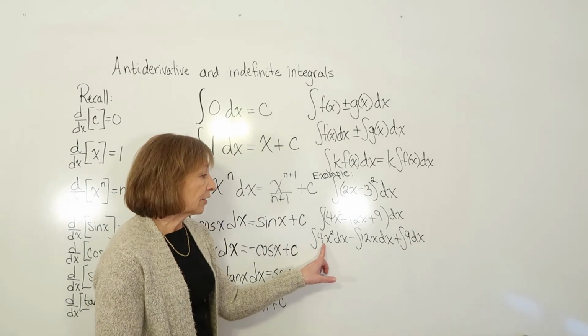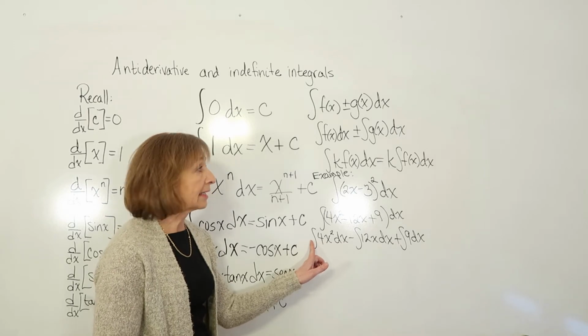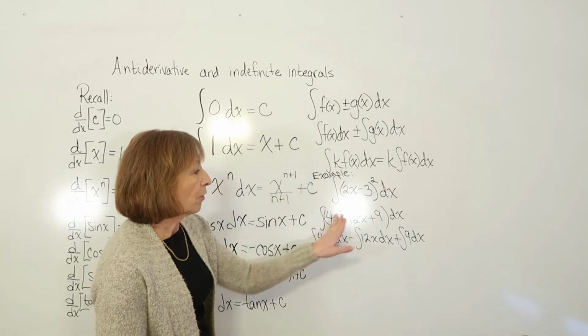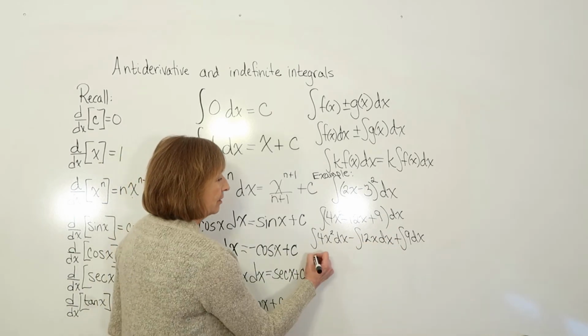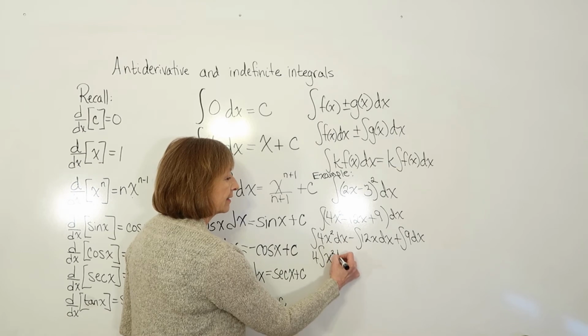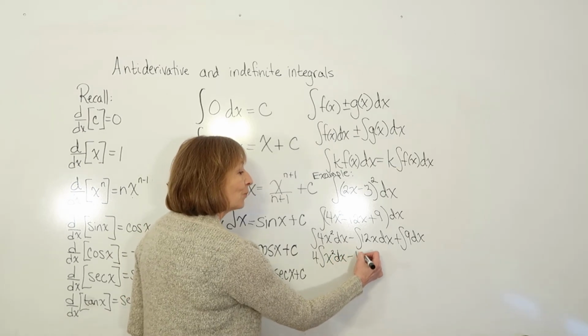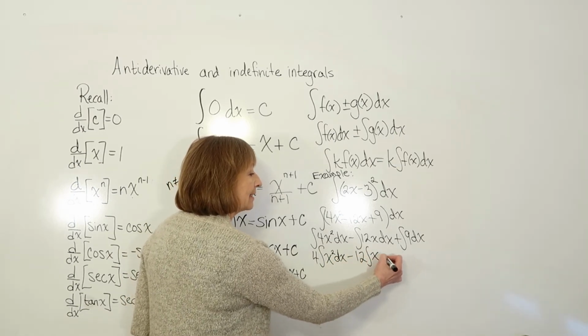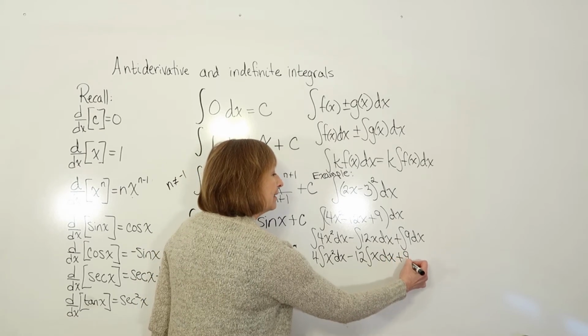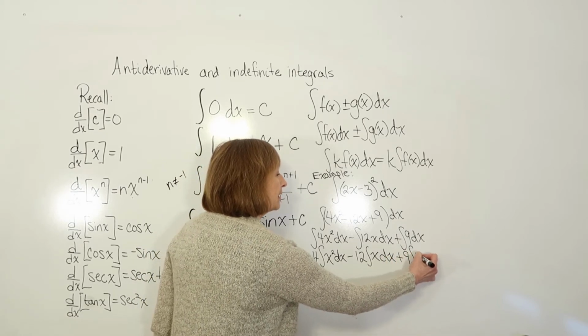Now with each of these I could actually factor out the constant in front of the integral as we go from one to the next. So I have 4 times the integral x squared dx minus 12 times the integral x dx, and then plus 9 times the integral 1 dx.